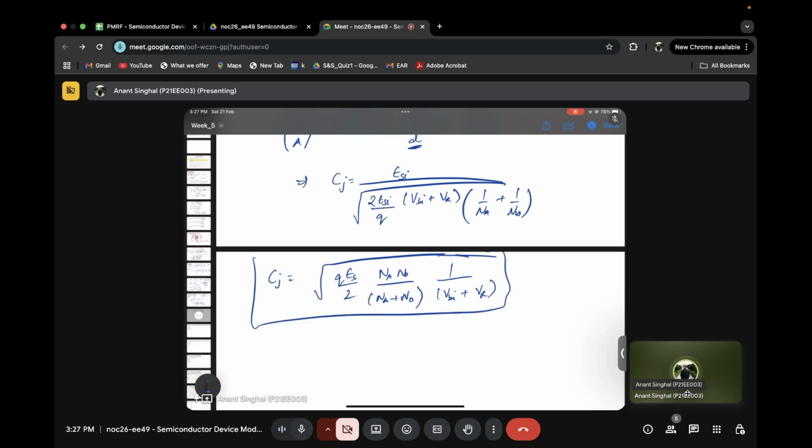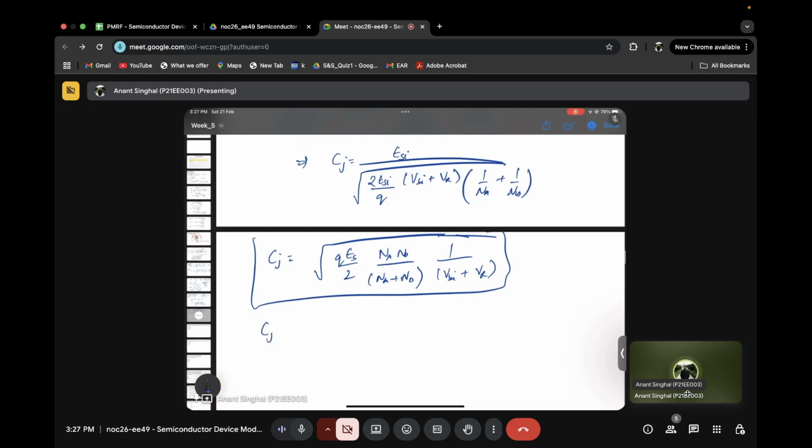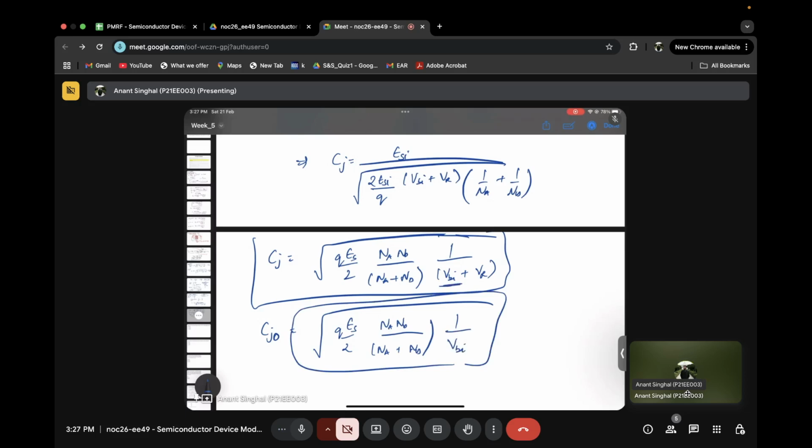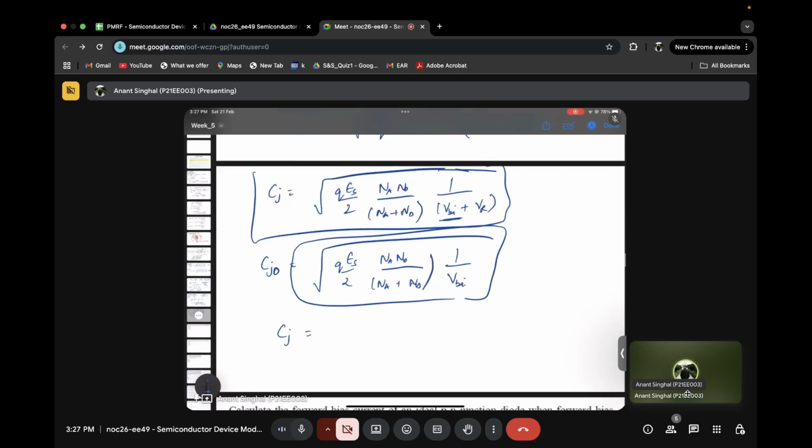So now the main thing that you see is, at equilibrium we have the capacitance Cj naught, which is nothing but Q epsilon S by 2, NAND over Na plus Nd, and at equilibrium it will be only VBI, right? So if I see this term as Cj naught, I can write the capacitance as Cj naught divided by 1 plus VR over VBI.